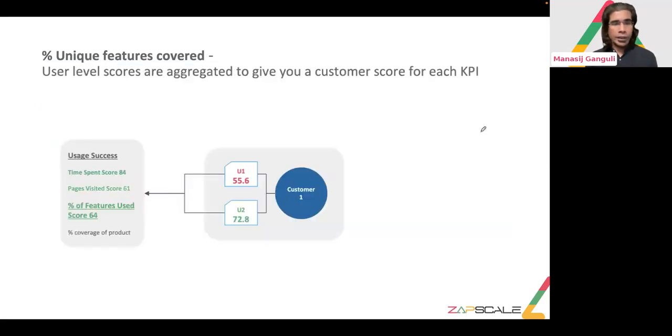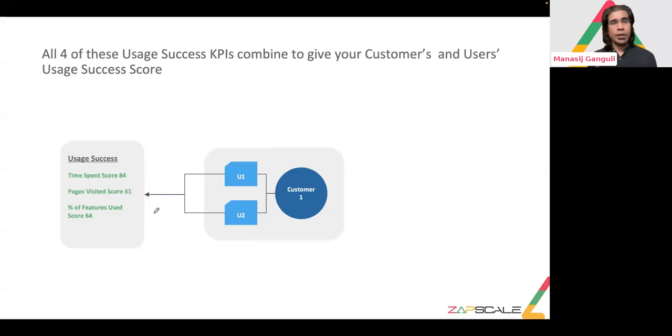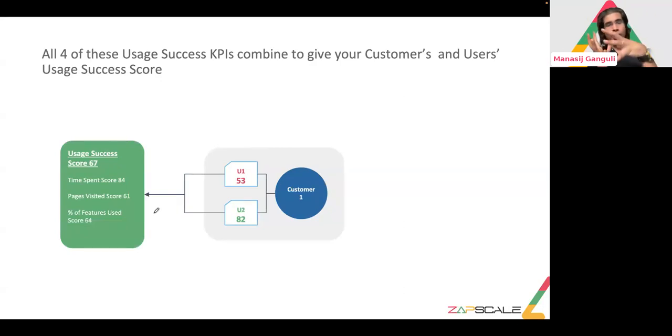So now we have the feature use score as well, because we have got the percentage. For every user, we've got the score, which averaged out gives me the score for this particular customer. And that brings us to the entire usage success position. I have got all the users scored and color coded, which now if I put average, I get every user's individual score for product usage.